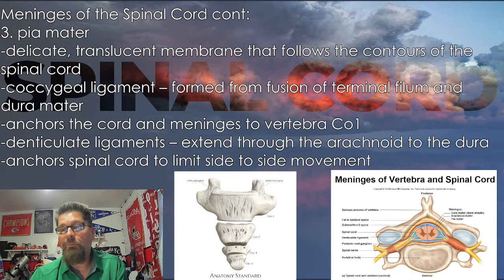Now because of the amount of information, the meninges picture is pretty small, but on the next screen I'll point out, and you'll be able to see in an easier way, the pia mater's location.